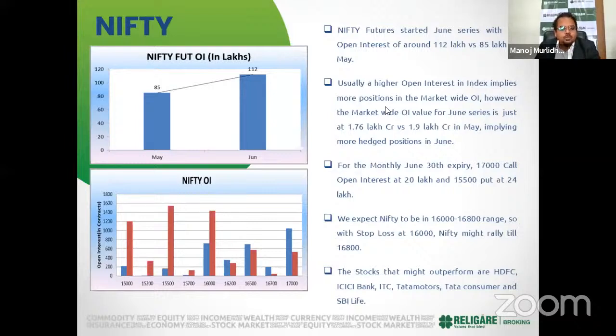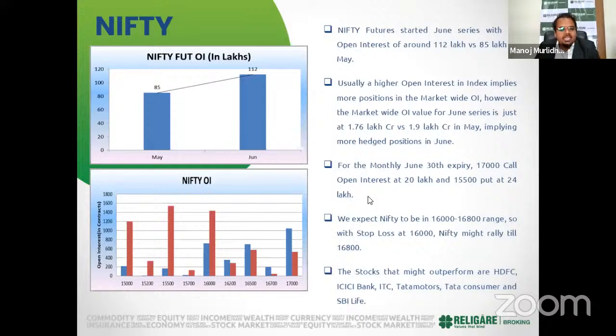So that happens to be a pivot. 16,400 would be a strike beyond which the call writers, or the resistance in the market, might fade away, and we might inch towards 16,800. If we have a positive bias in the market for another 500 to 800-odd points, we believe there would be certain stocks which would outperform or help the Nifty to run.